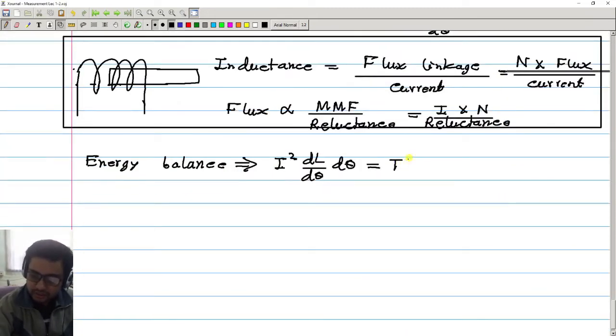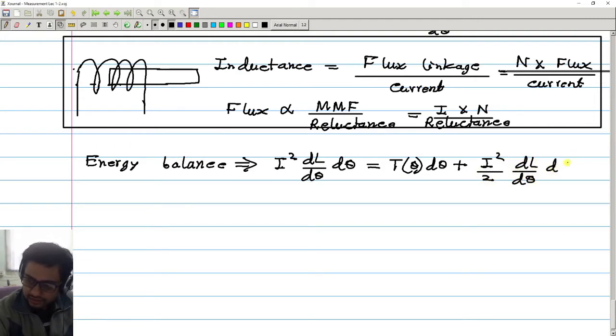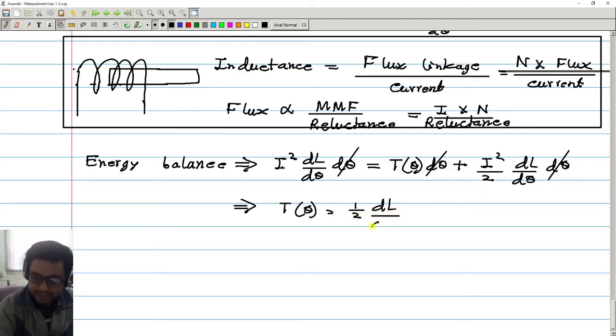So this is torque times displacement, that is work done, plus I remember it is half I square dL d theta d theta. Okay, and if you simplify, these d thetas are cancelled, and we have torque equal to half I square dL d theta.